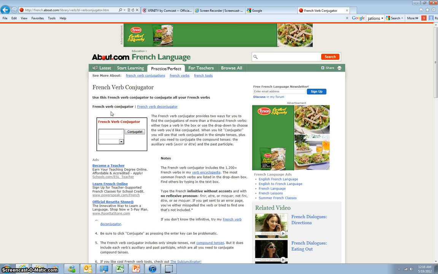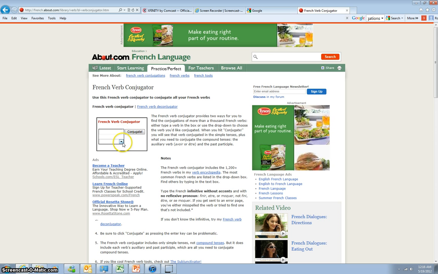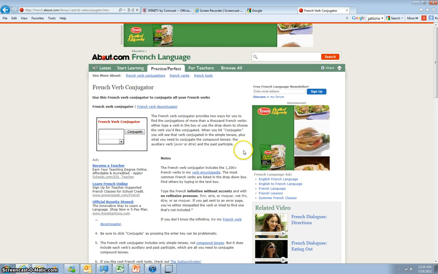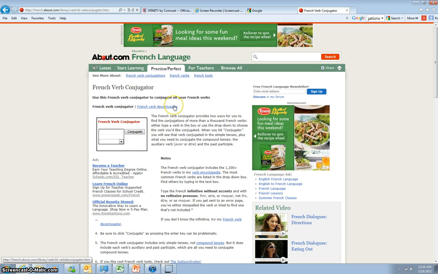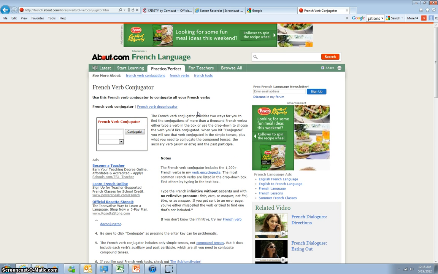Going back to the conjugator, you will notice also there are notes on how to conjugate your verbs. So this is a nice resource to have if you want to go out there and use that to conjugate your verbs.